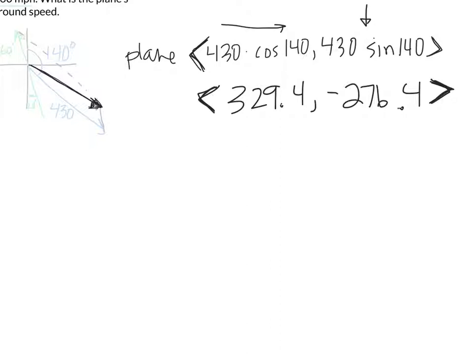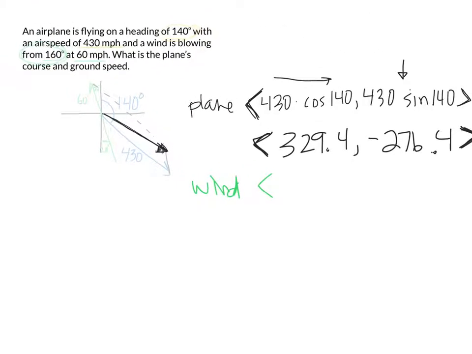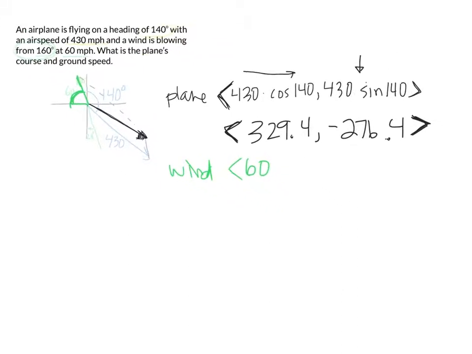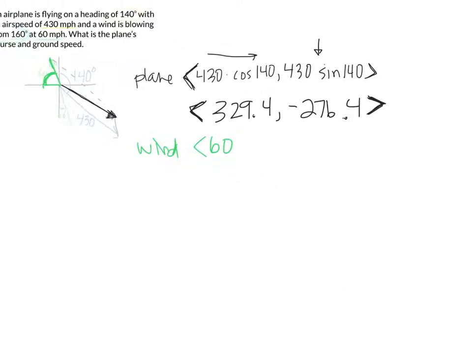So now let's look at the wind. The wind is 60 miles an hour. So we're going to use this angle, the angle formed with the x-axis, in order to break our wind into its components. So 60 cosine of 60 degrees and 60 sine of 60 degrees.